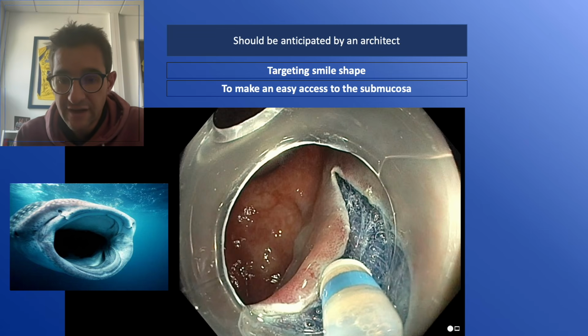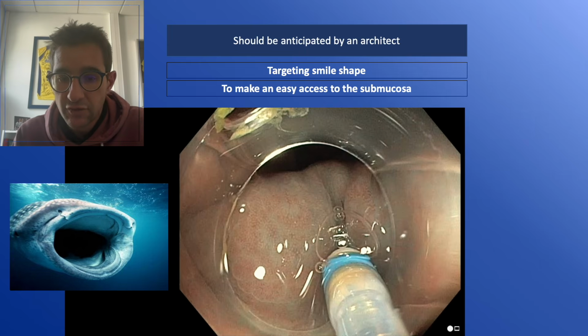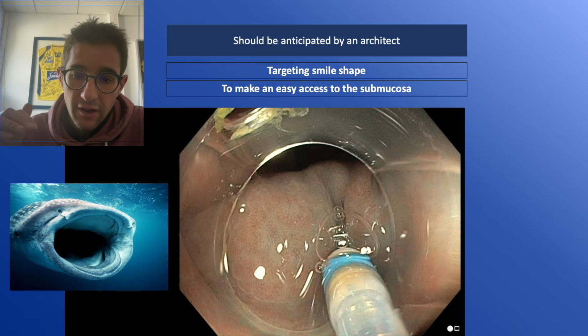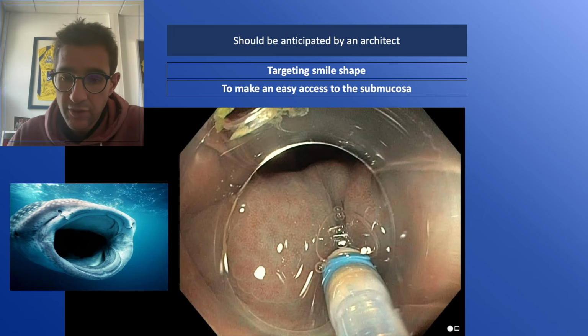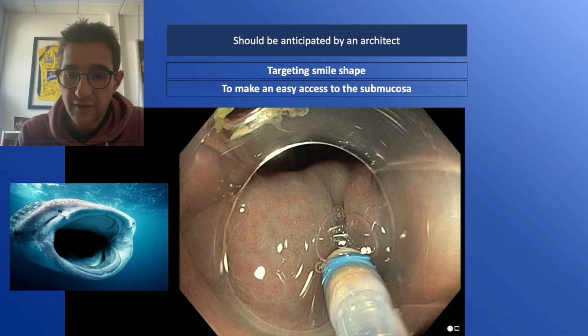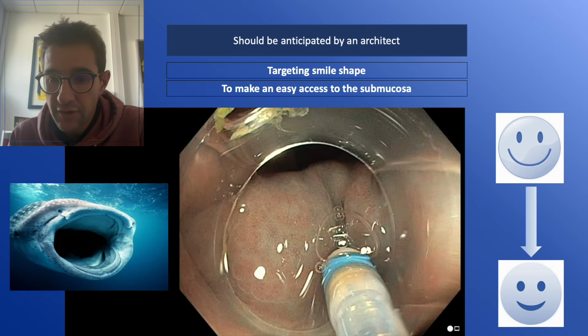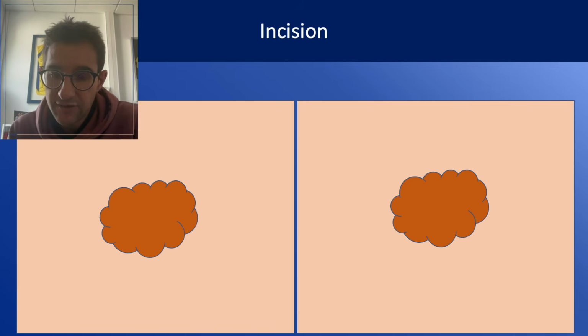After, you should target a smile shape because it will help you to have a good entrance into the submucosa. The mouth shape with a smile, which is later opened thanks to your trimming, will make the access to the submucosa easier.